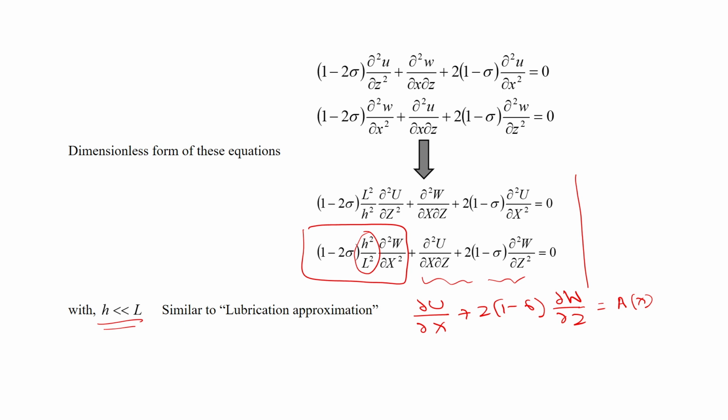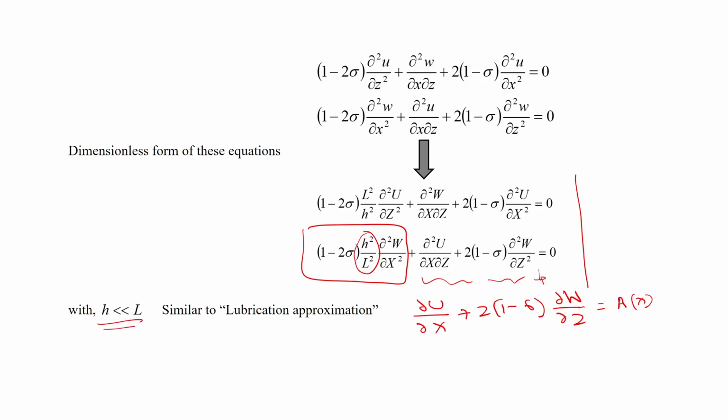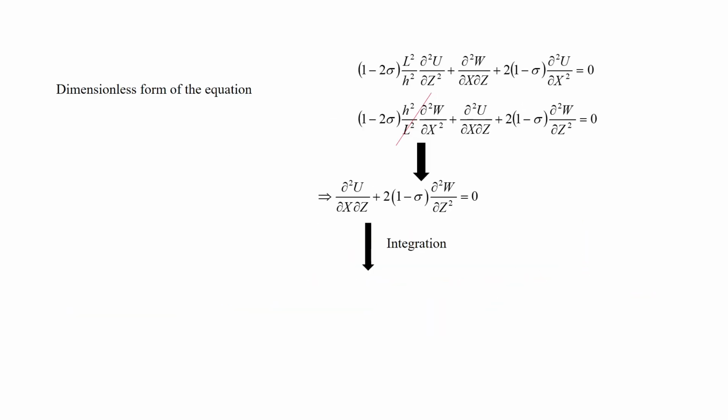So, del U by del X plus 2 into 1 minus sigma, after integration. I have integrated this quantity, and I have written it as A of x. So, let us say minus x here, it is Ax equal to 0.